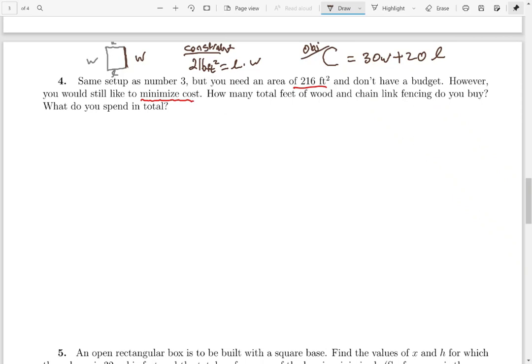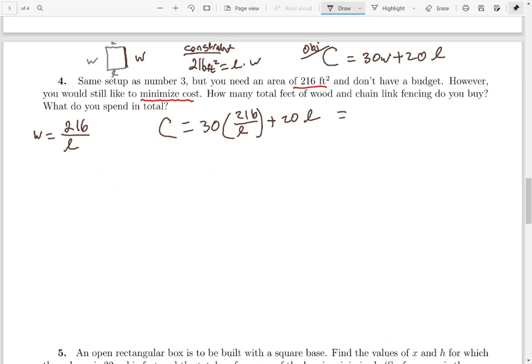And so now I just need to use my constraint to write this in terms of a single value. It doesn't really matter which one we pick. I'm just going to arbitrarily solve for W. And if I solve for W, then W is going to be equal to 216 divided by L. And if I use that, then my cost function can be rewritten as 30 times 216 divided by L plus 20L.